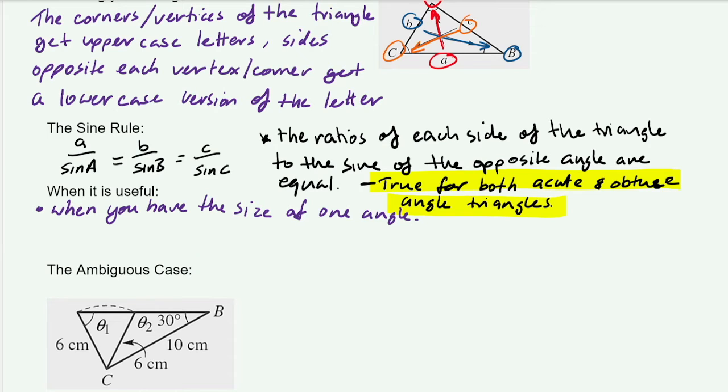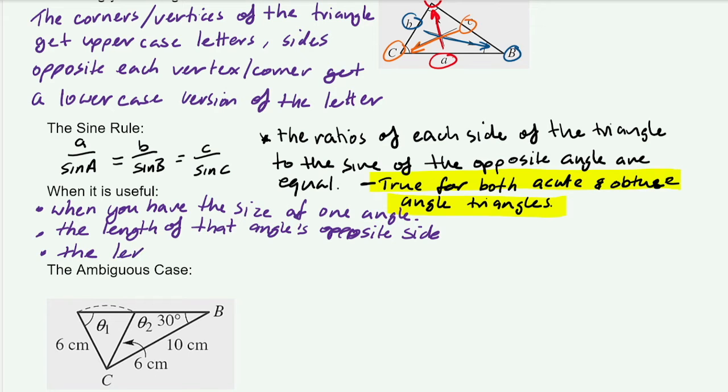So if you've only got the length of the side opposite to that angle and the length of another side, that's when it's pretty darn useful.